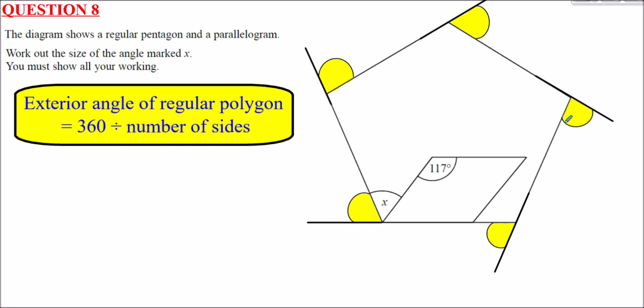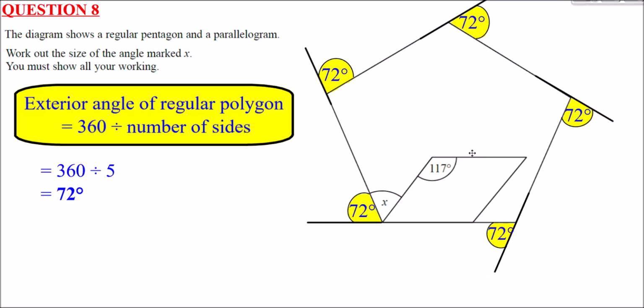So the size of just one of the outside corners, in other words, the size of one of the exterior angles, is the full 360 divided by how many corners you've run around, which should be 5 in the case of a pentagon. So for the pentagon, each exterior angle is 360 divided by 5, which gives us 72 degrees. So I'm going to just label these on, 72 degrees each.